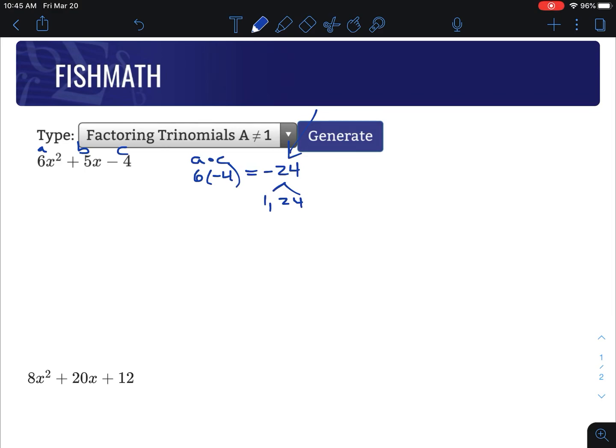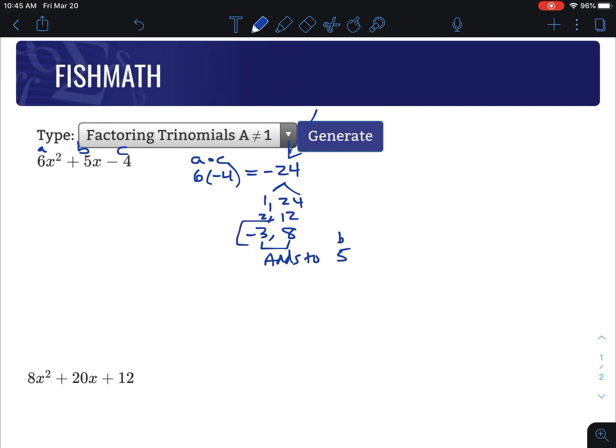That's not going to add to 5, either way you do it. 2 and 12, again, either one would be negative, still not going to add to 5. 3 and 8, though, seems promising. If I use 3 and 8 and make one of them negative, I'm going to get to a positive 5. And the trick is to make the 3 a negative. Because negative 3 plus 8 adds to our 5, which is the b.